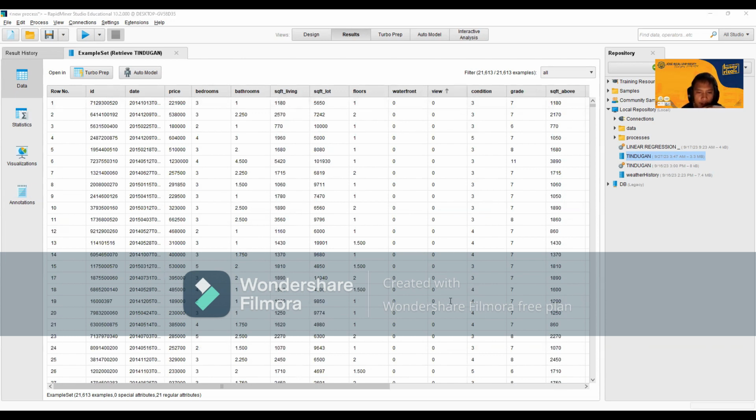The view here indicates the view from the property, similar to waterfront. So this variable may not be suitable for traditional correlation analysis due to its categorical or discrete nature.